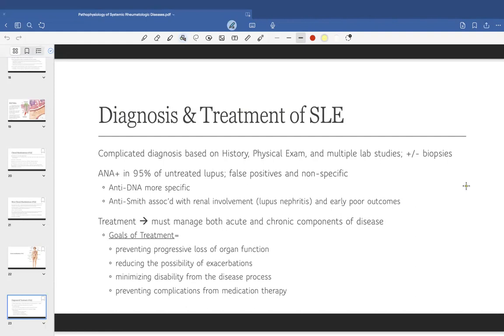So what you're saying is, okay, your patient has never been treated for lupus or rheumatoid or any of these diseases, then 95% of your lupus patients will be ANA positive. Remember, your titers can go up and down, and we look at those titers. And so that titer can fluctuate with the course of disease.